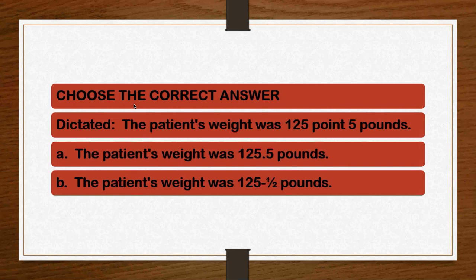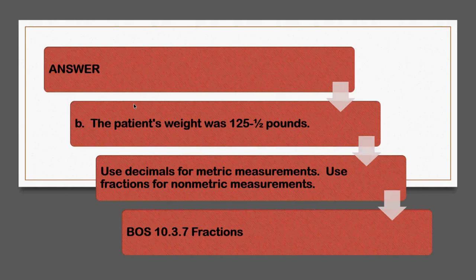Okay. How about this one? The patient's weight was 125.5 pounds. How about that one? Would it be a decimal or a fraction? Okay, I'm seeing a mixture there. Okay, it's going to be a half.